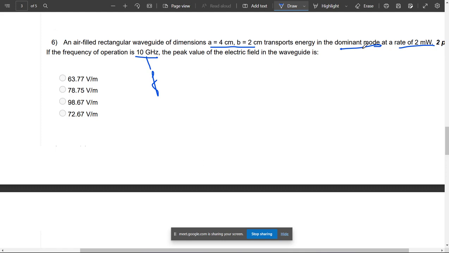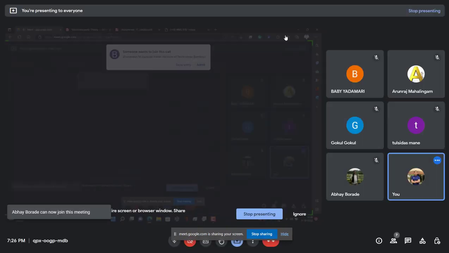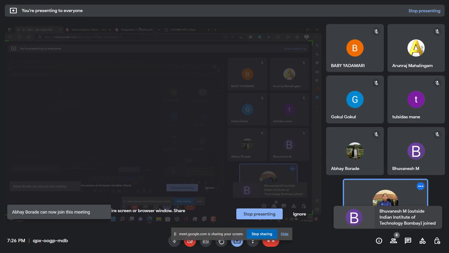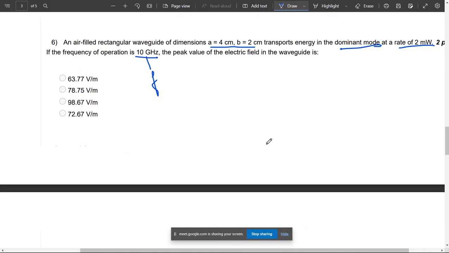So for that, one thing is given to us. A is equal to 4 and B is equal to 2 is given to us. So now can someone tell me how to find out the dominant mode? Go ahead, try.